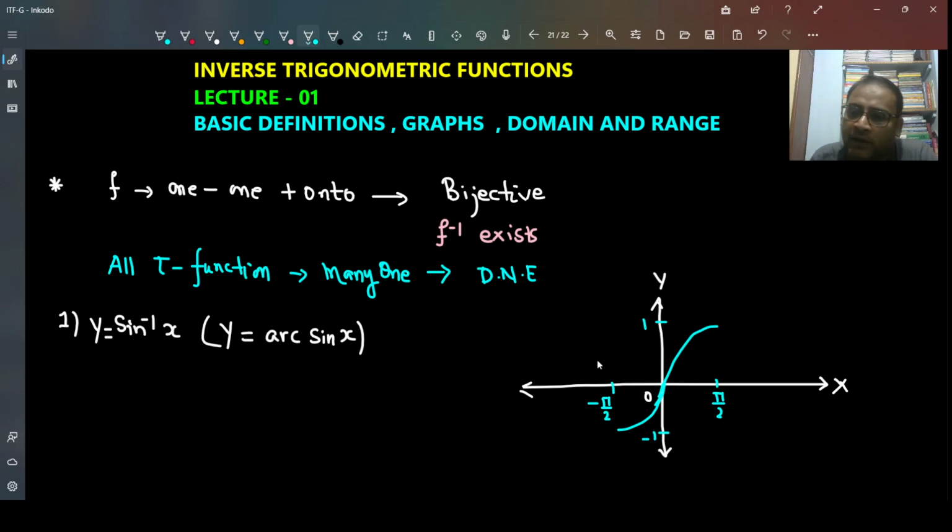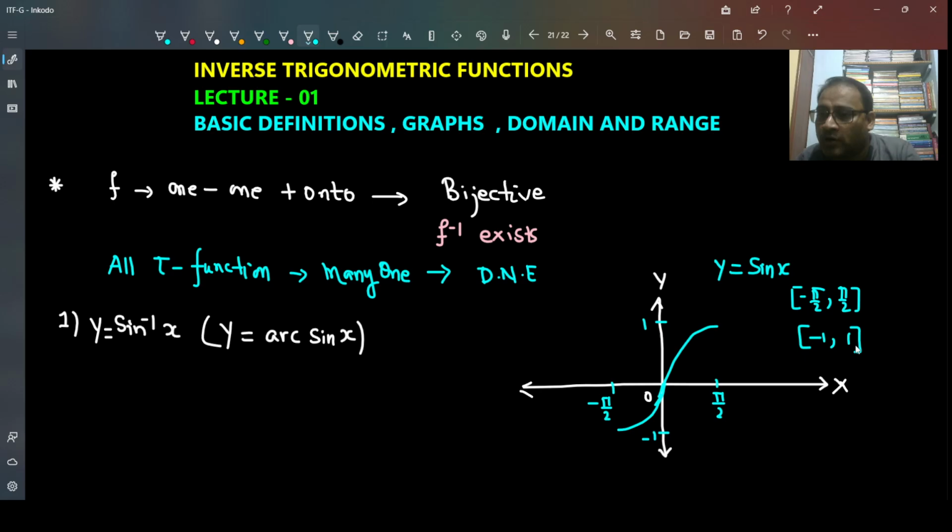Okay. So here I am taking the graph of y is equal to sin x. The domain here is minus pi by 2 to pi by 2, and the range of this sin x is -1 to 1.